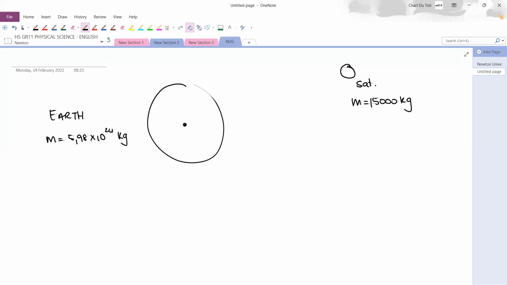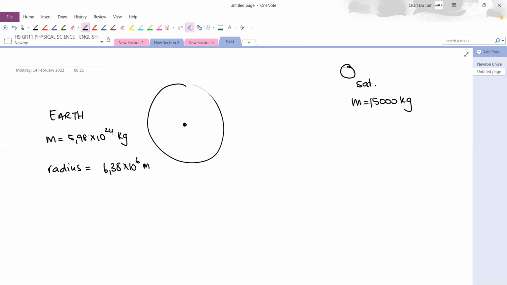Let's say 15,000. 5,000 is like a small one. A 15,000 kilogram satellite. Now, let's say the radius of the Earth is, I think it's 3,8 or something. No, it's 6,38. You should get that on your formula sheet. You can't know this. 6,38 times 10 to the power of 6 meters.